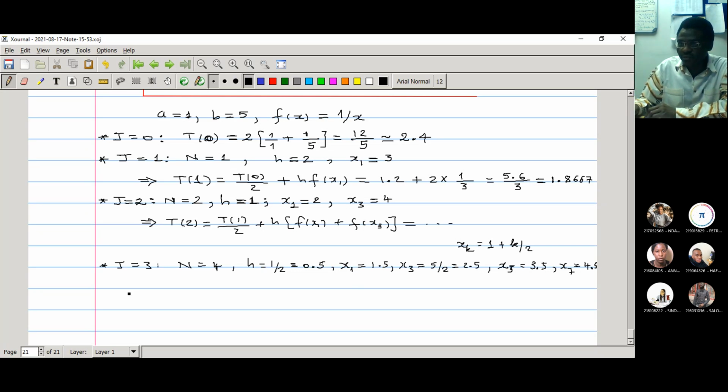And finally, you substitute this and do the computation. I'm just writing the formula for you. So it will be the value we get here, T2, that you divide by 2, plus h, and our h here, we saw that is 0.5. 0.5 into f of all this.